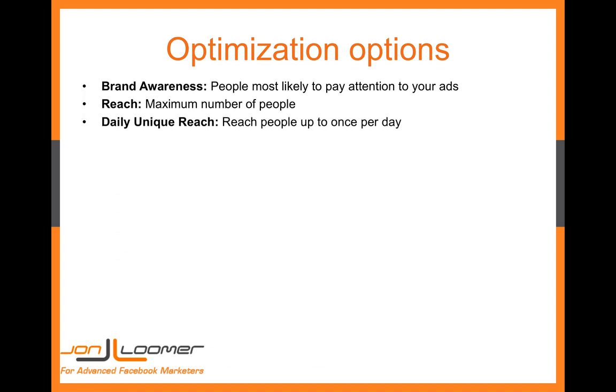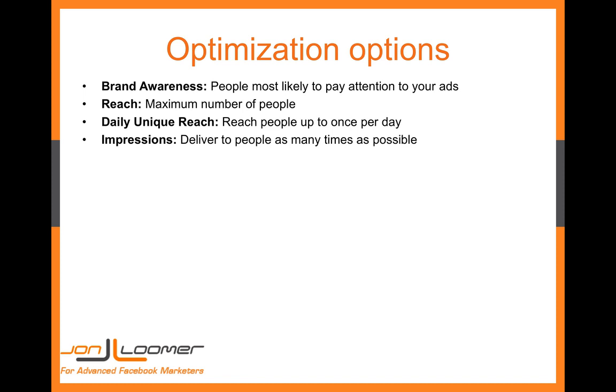We're actually going to talk about that one a little bit because I think it is relevant. I use this sometimes for selling. Then daily unique reach is kind of like an older version of reach in that, at least the way I use it, you reach people up to once per day. Understand for reach and daily unique reach, and impressions is another one, Facebook really isn't optimizing for an action at this point.